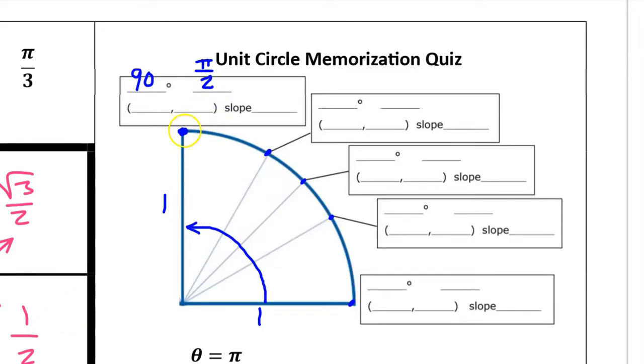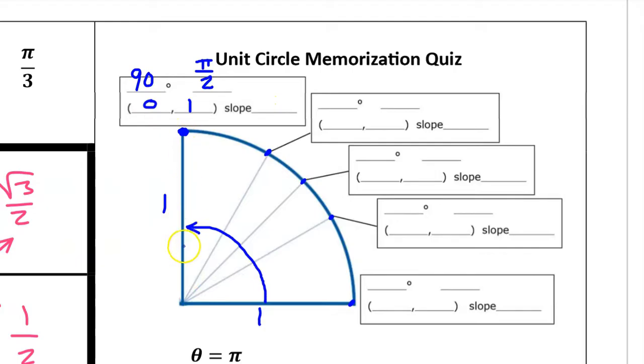The coordinates of this point are the old school x and y values of a point on the xy plane. This point is on the y-axis, so the x value is 0. And because the radius is 1, the y value is up 1, so the y value is 1. The slope is, well, this is a vertical line.